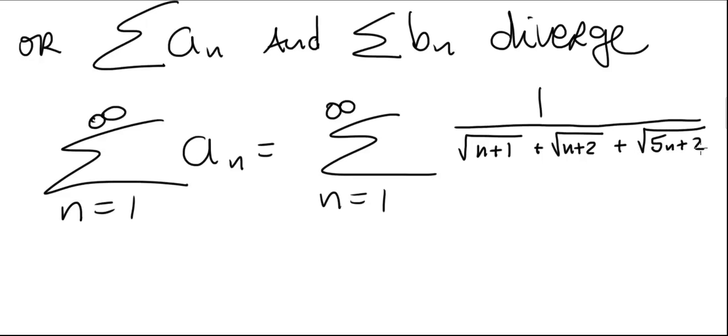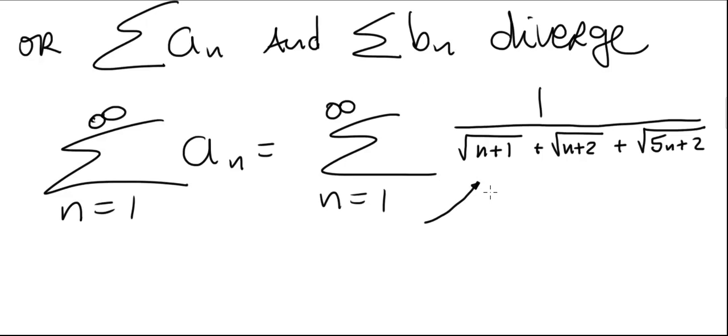Now what we have to do is, based on a sub n, determine the b sub n series, so that first of all it's simple, that is, we know if it converges or diverges, and second, that the limit of a_n over b_n as n goes to infinity will be finite and positive.